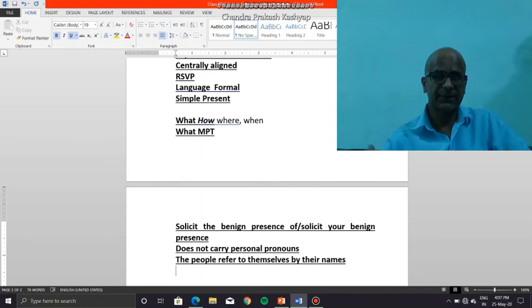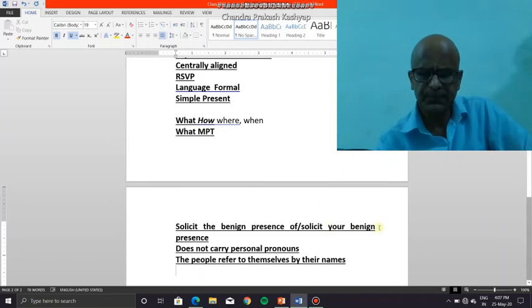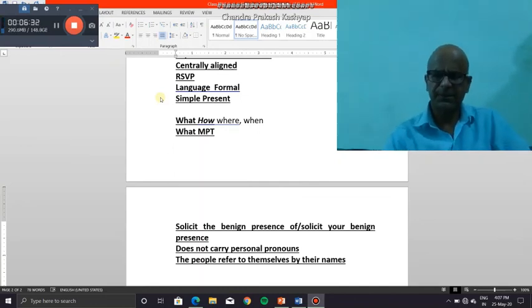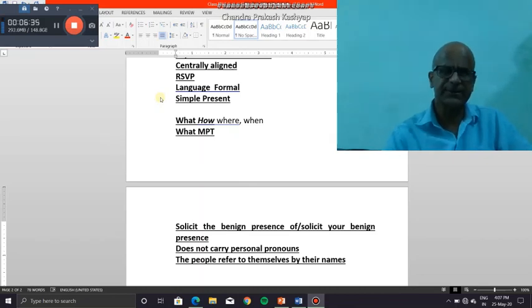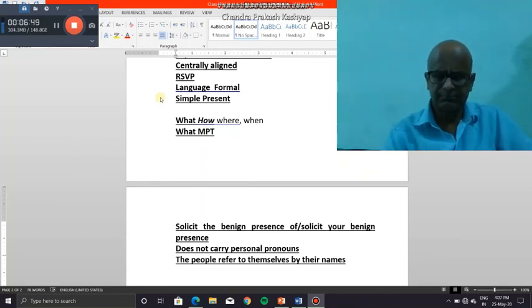For example, if an individual is extending an invitation to select few persons, then he would refer to that particular person by his name, and will also refer to himself by his name. The formal invitation does not carry the date of writing of the invitation. It does not carry salutation of any kind. Yes, it carries the address of the person who is extending the invitation, which comes at the bottom.